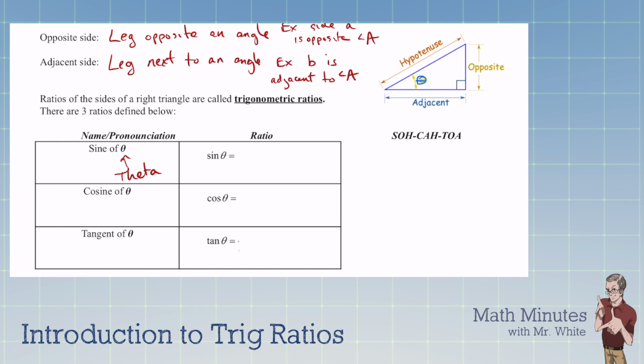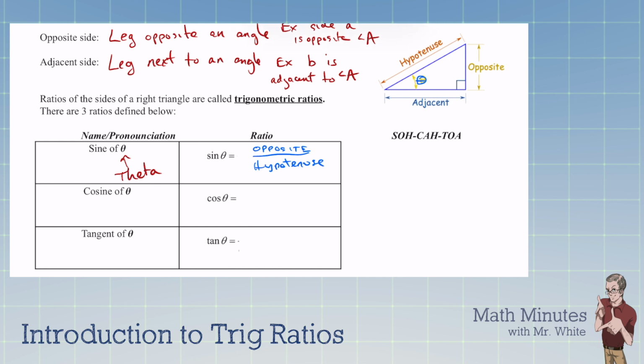Sine of theta is always the ratio of two sides, and it is the opposite side over the hypotenuse. So sine is opposite over hypotenuse. So if you're sitting down here at this angle, we can also give the angle often a Greek letter, theta. So opposite would be over here, divided by hypotenuse. Okay, sine is opposite over hypotenuse.